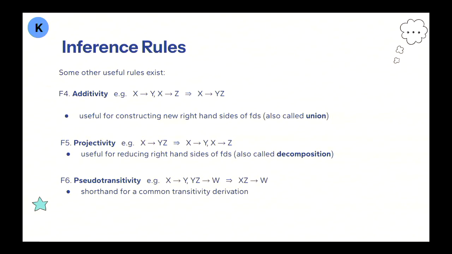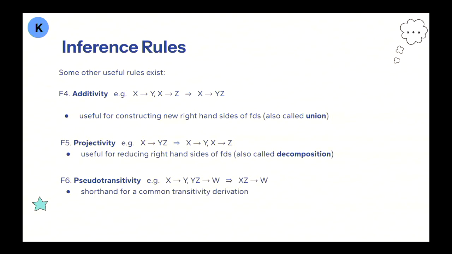The last one is pseudo transitivity. This one is a bit complex, but not that complex. It is: if X can determine Y and YZ can determine W, then XZ will also be able to determine W. So if X determines Y, we can replace Y with X on the left hand side of other rules.